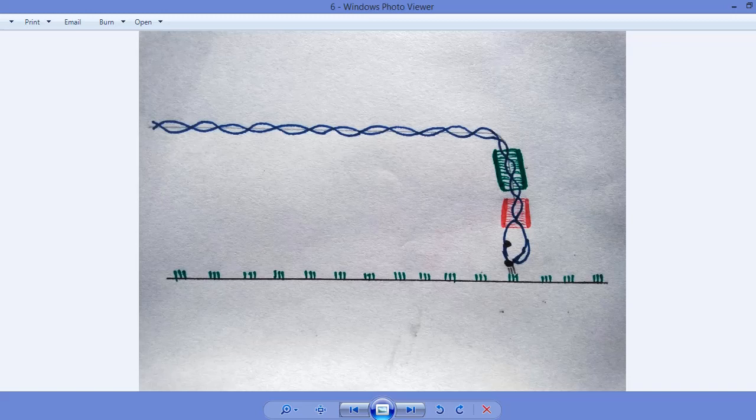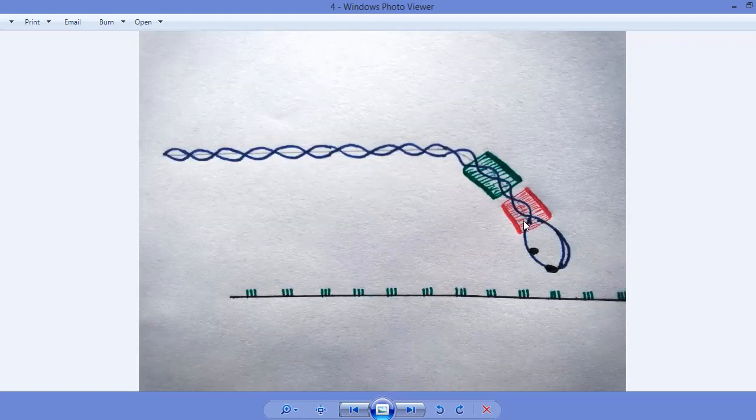So after the power stroke, what happened? After the power stroke, the ADP is separated from the ATP binding site. When the ADP is separated from the ATP binding site, this head is also detached from the attachment site. When this head of the myosin is detached from the binding site, it goes to its original position.